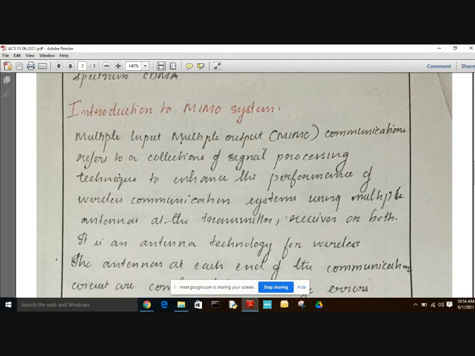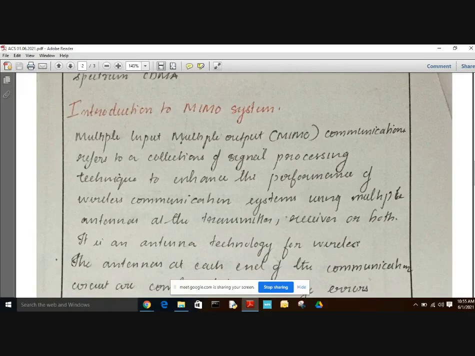So by introducing the MIMO communication system, it enhances the performance of wireless communication systems.